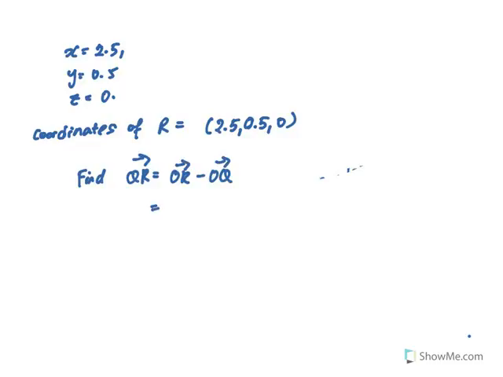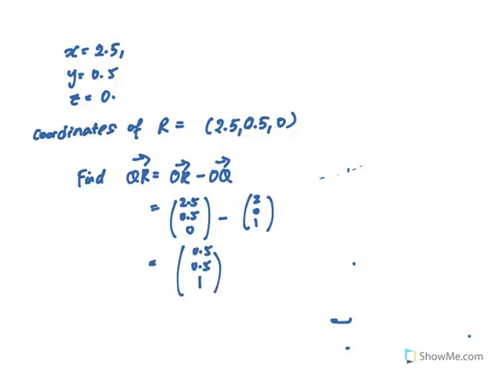OR is (2.5, 0.5, 0). OQ is (2, 0, 1). This gives you (0.5, 0.5, -1).